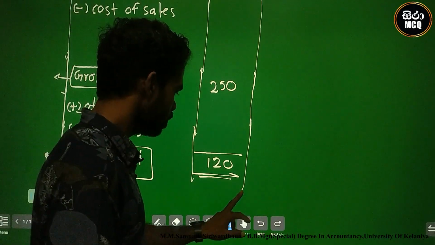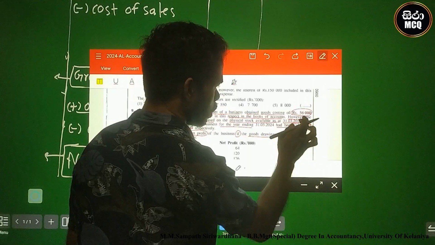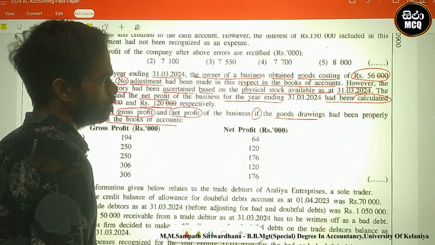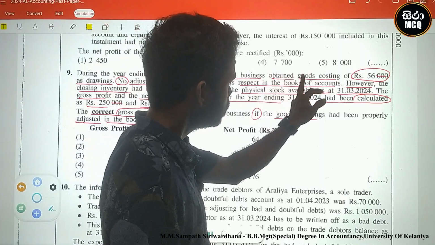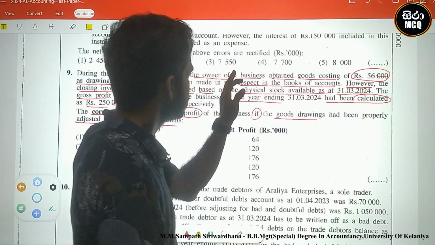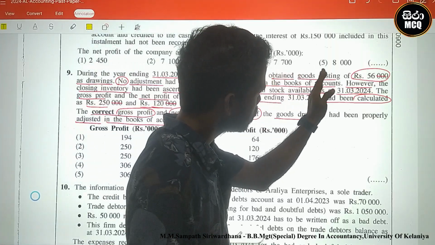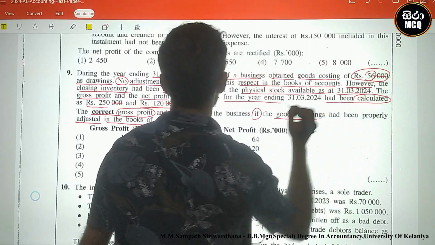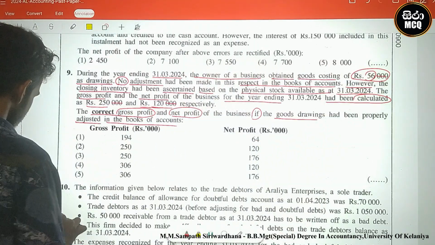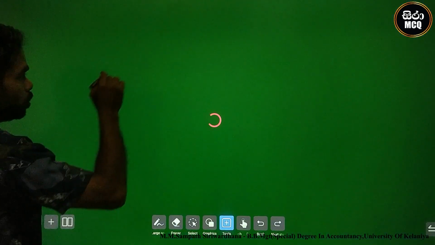Look here, there is a goods drawing of 56,000. This is the goods drawing cost. The owner of the business obtained goods costing 56,000 as drawing. Look here, what is the double entry? Goods drawing.